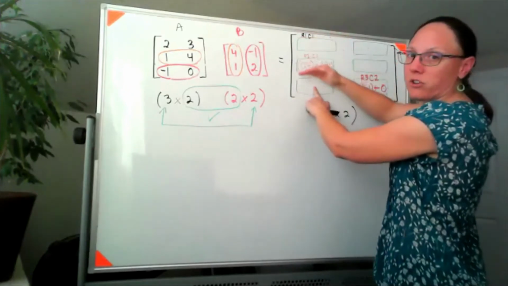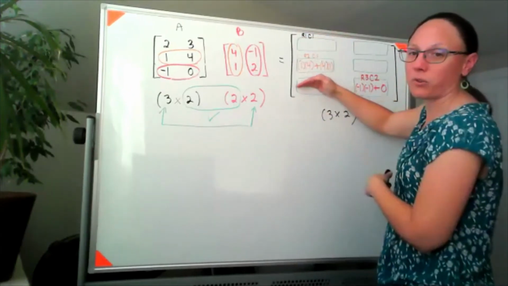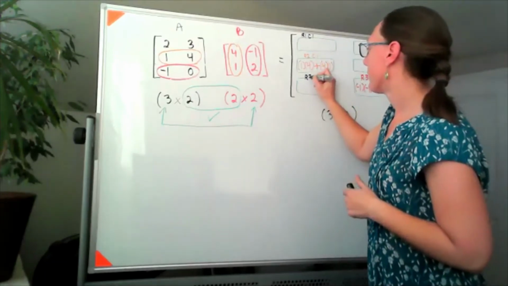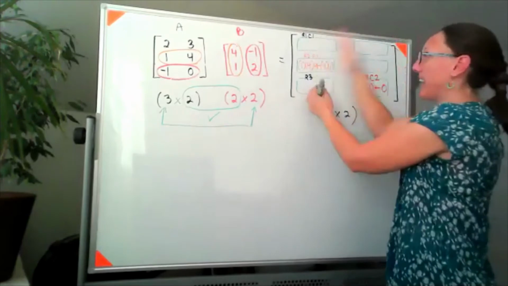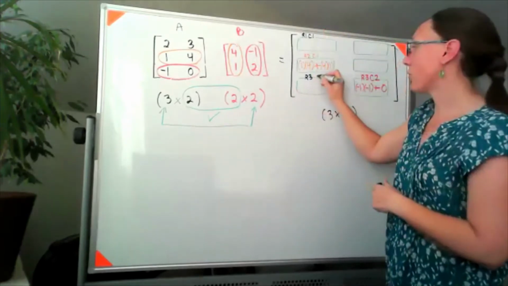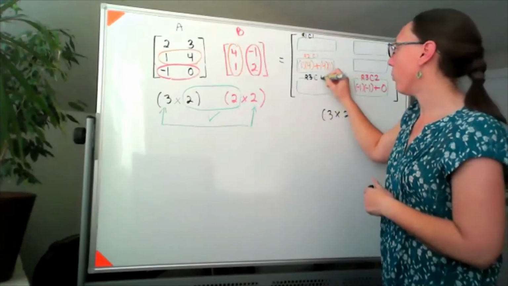So row 1, row 2, row 3. So this is in row 3. And I'm going to count over the number of columns, but this is in my first column. So this is row 3, column 1.